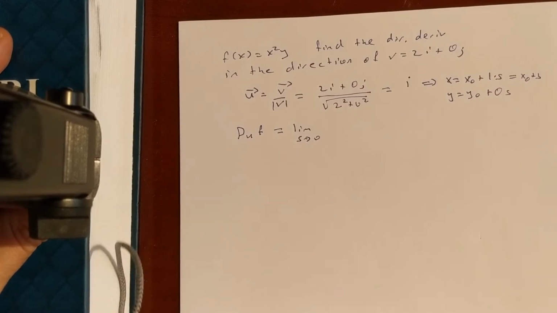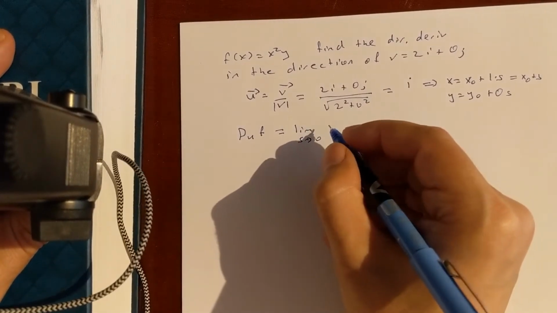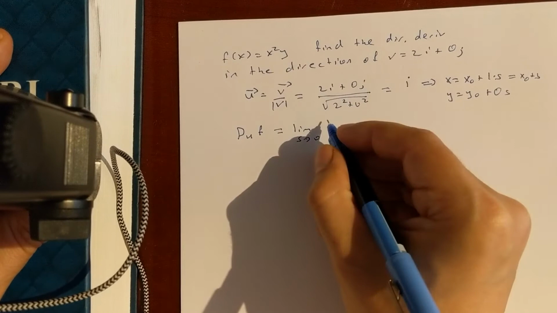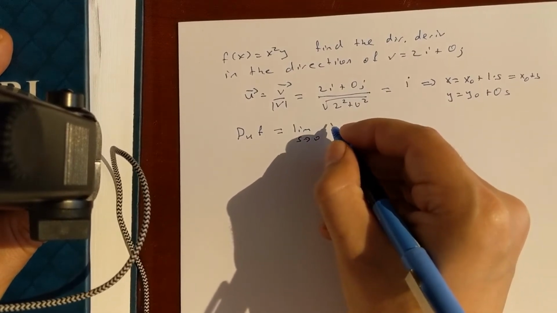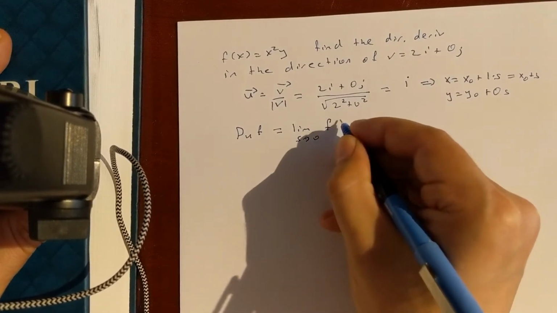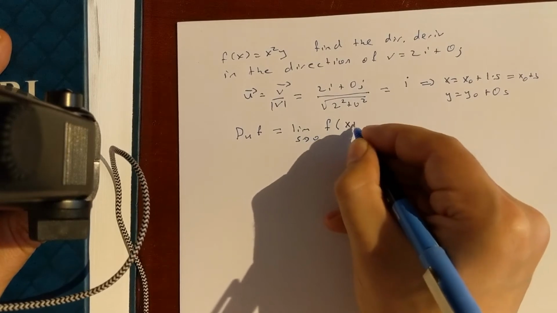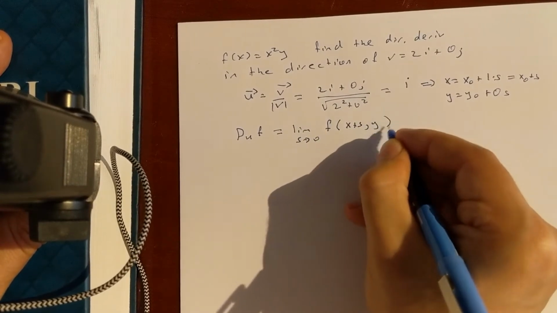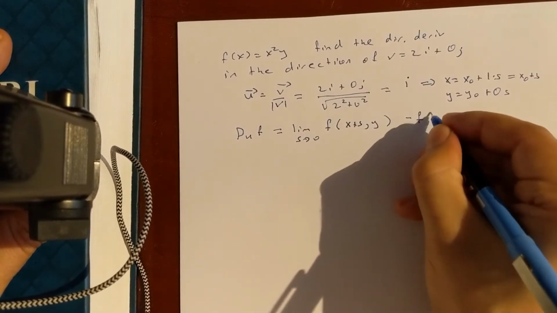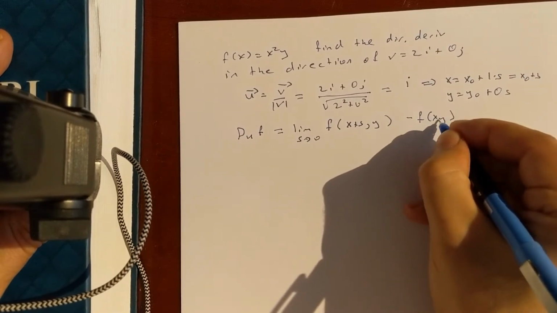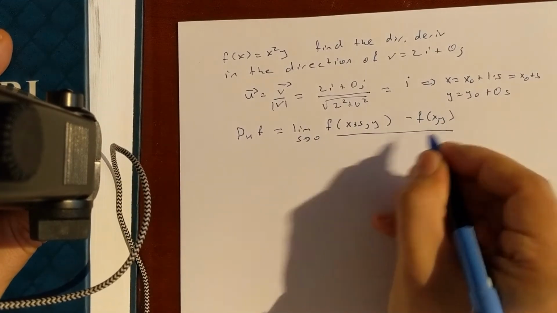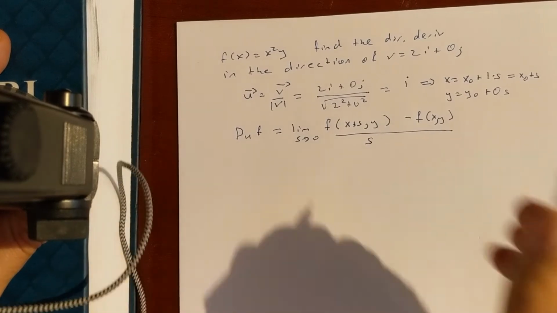That's what we're going to do if we're plugging in the point x plus s. So we're going to do f of x plus s, y, minus f of x, y, all over the length s.